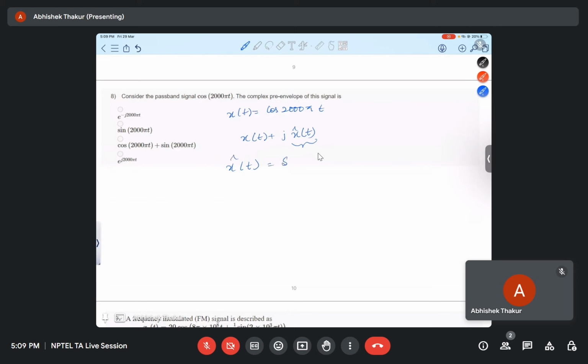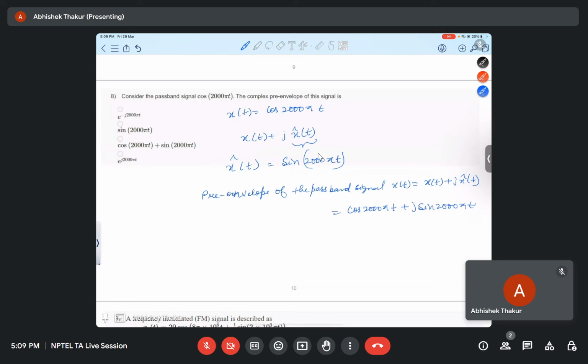So x cap t is sine of 2000 pi t. Now substitute this value. We get the pre-envelope of the passband signal as x(t) plus j x cap t, that is cos of 2000 pi t plus j sine of 2000 pi t.